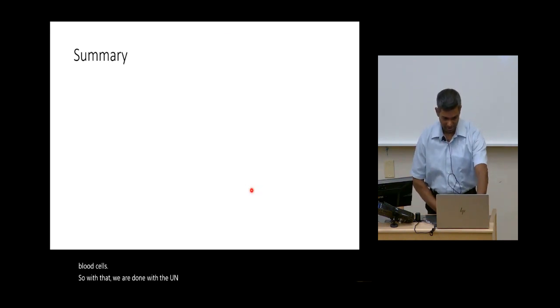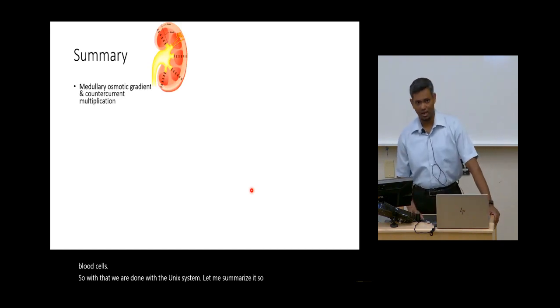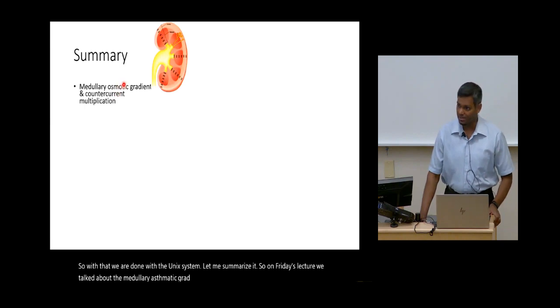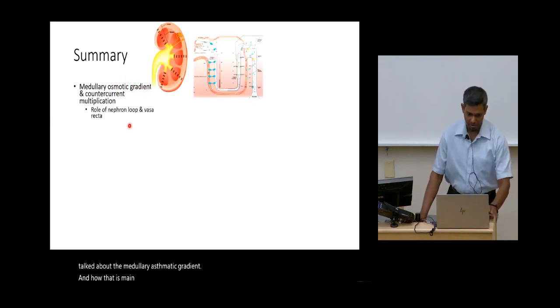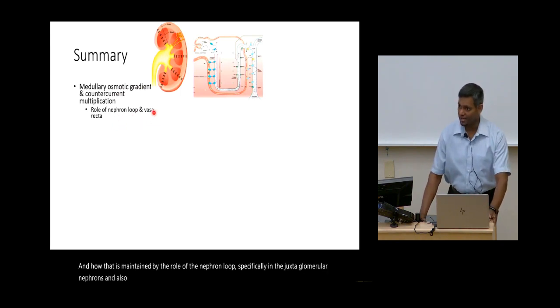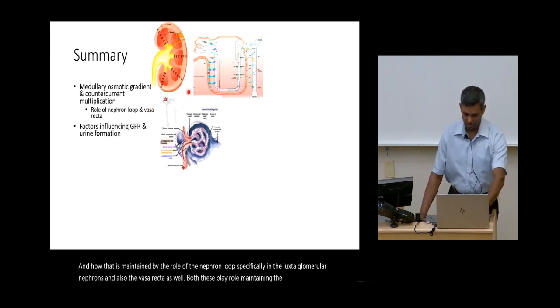Let me summarize. On Friday's lecture we talked about the medullary osmotic gradient and how that is maintained by the role of the nephron loop, specifically in the juxtamedullary nephrons, and also the vasa recta. Both of these play a role in maintaining the medullary osmotic gradient.